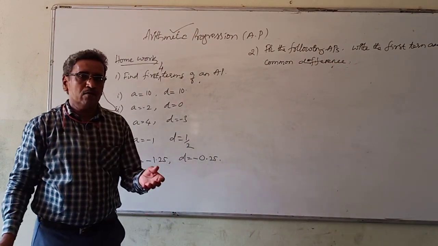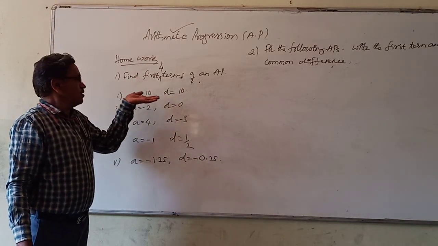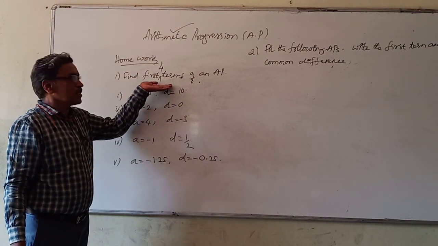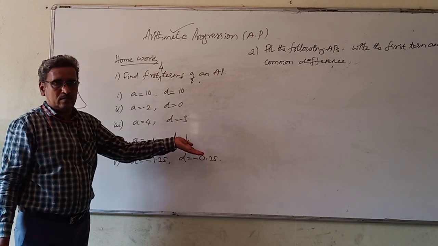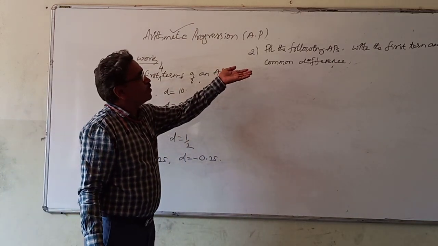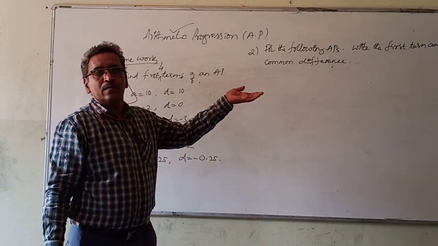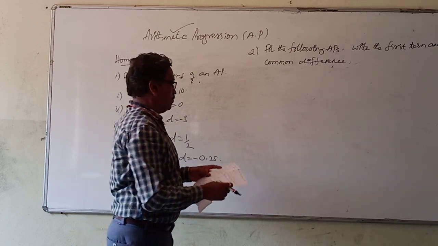It means you can already discuss: in the first type, A is given, D is given, and our work is to find four terms. And for the second type, for the following APs, the APs are given, and our work is to find the first term and common difference.